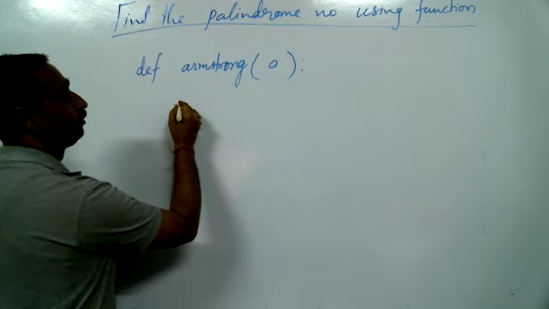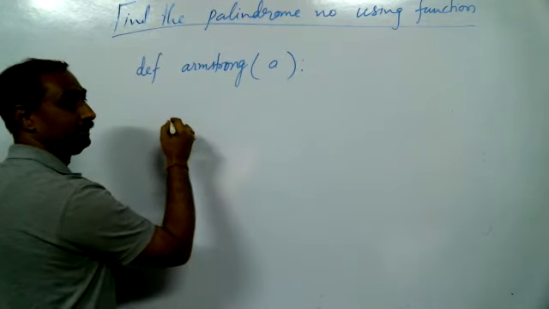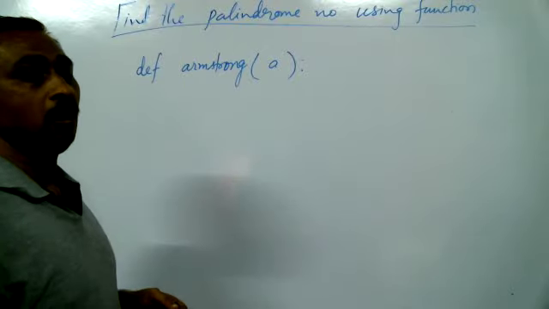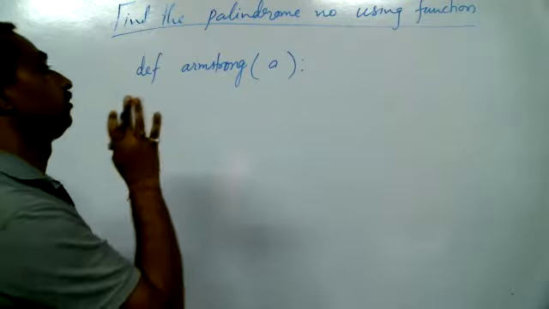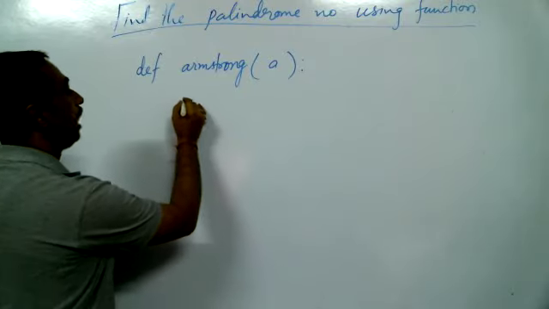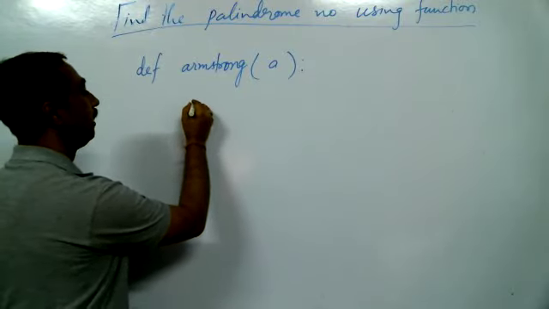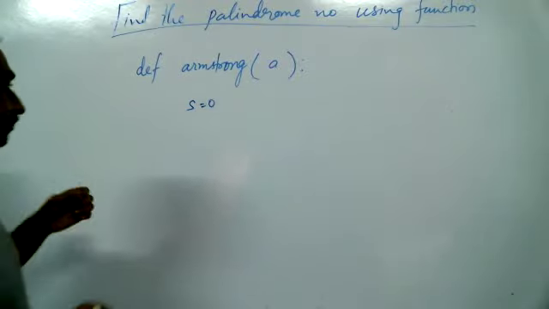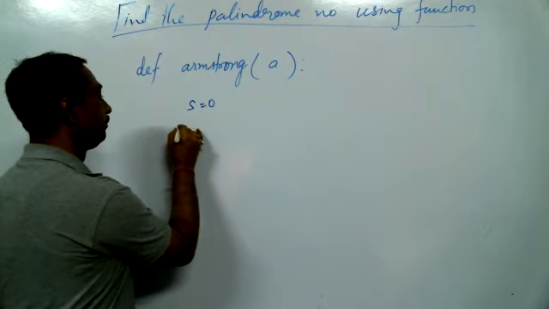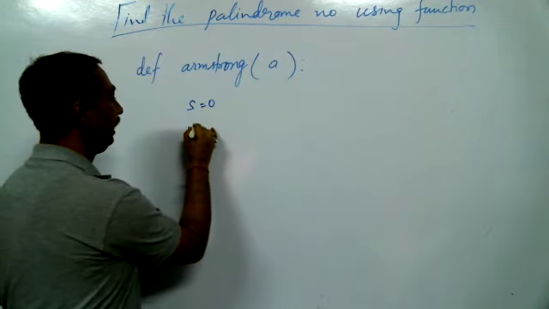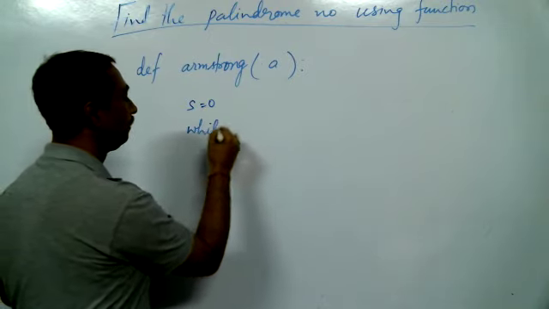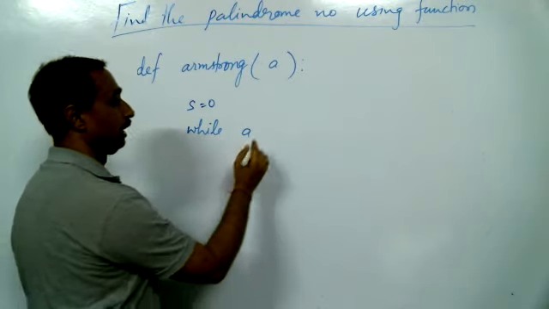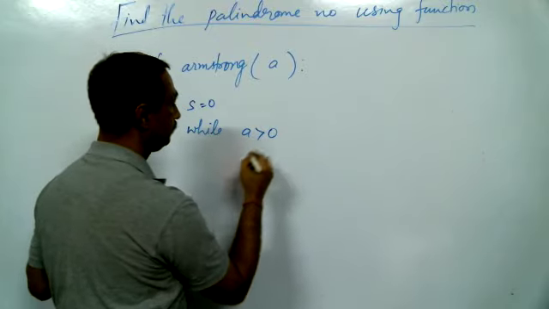So I am going to take a variable and initialize that variable with 0 because we have to find the sum of cube of digits of the number. So I am taking a variable s equal to 0. Then we have to run a loop while a, because a is a number, so directly we can put a condition a is greater than 0.